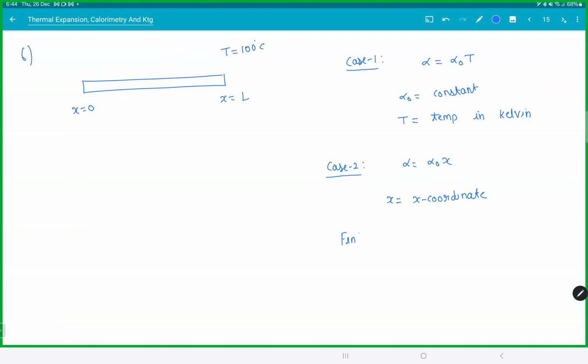So these are two questions. Find the change in length when temperature becomes 200 degrees. Let's get this.